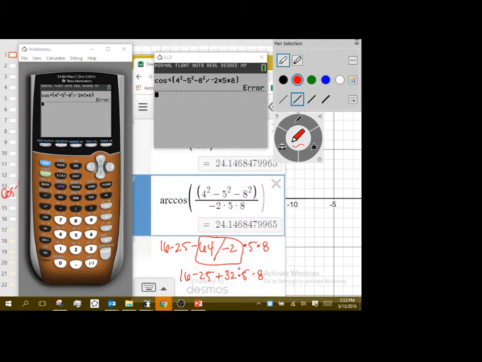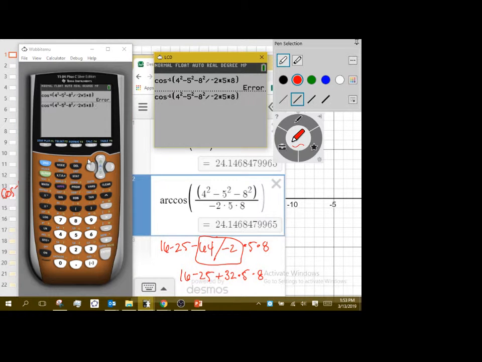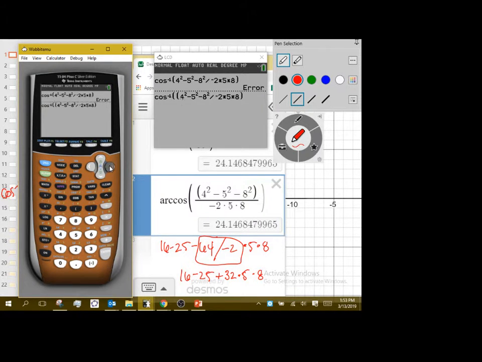Don't we want this 8 squared to be subtracted from the 16, essentially? So what do I need to insert? I need to tell my calculator that my numerator needs to be evaluated first. So I put a parenthesis there.